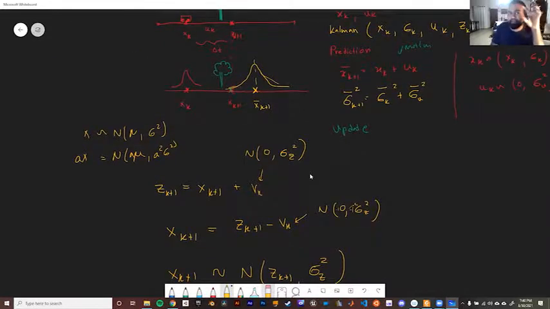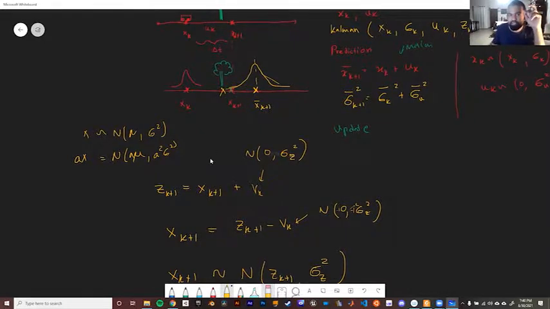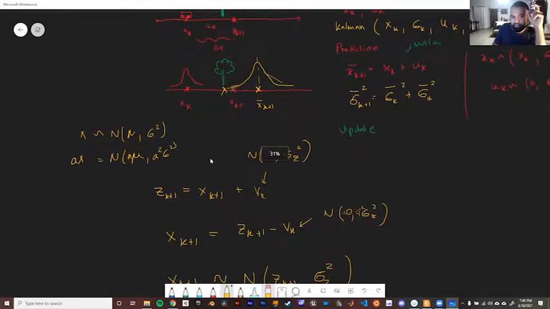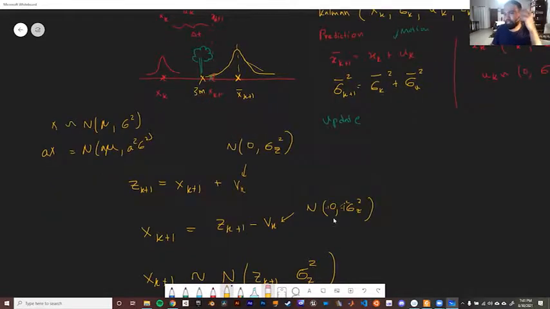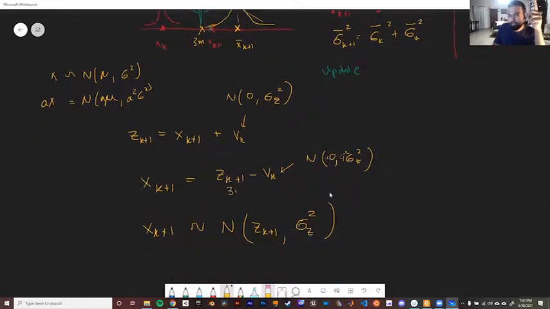I'm saying wherever the robot observes a tree is where I assume the location of the robot is going to be. So simple example, let's say the tree is at 3 meters. What this equation says is, if my observation says there is a tree at 3 meters, then I must be at 3 meters.